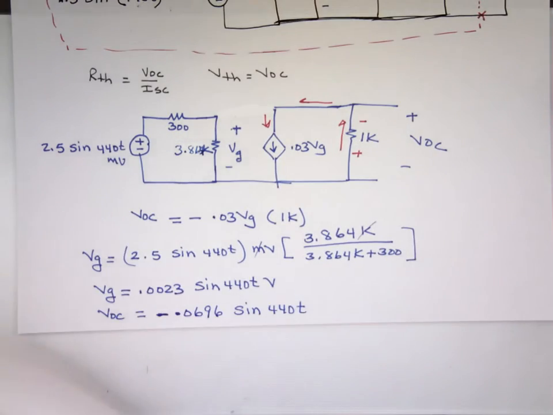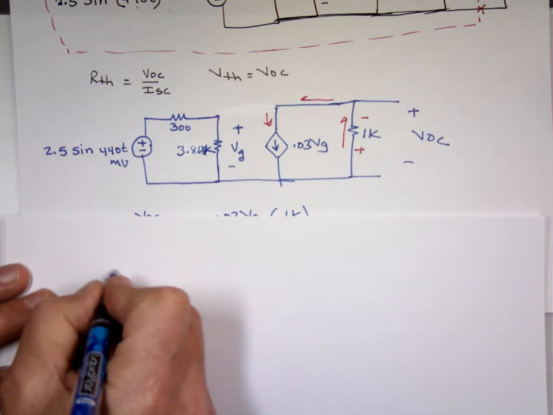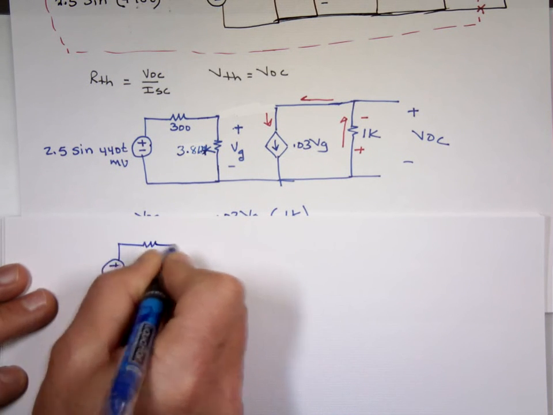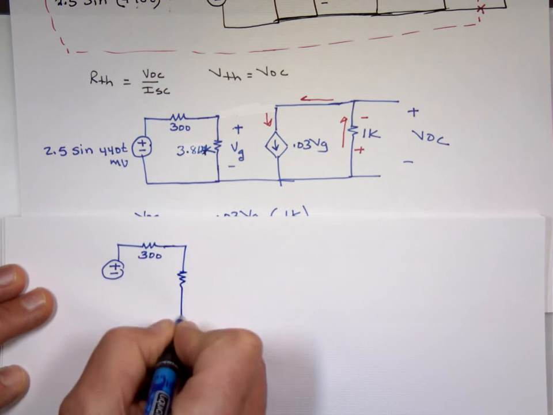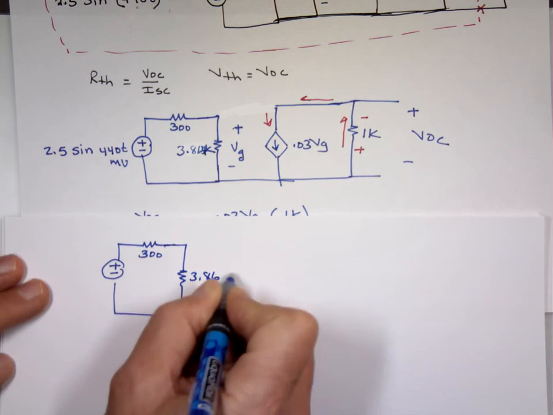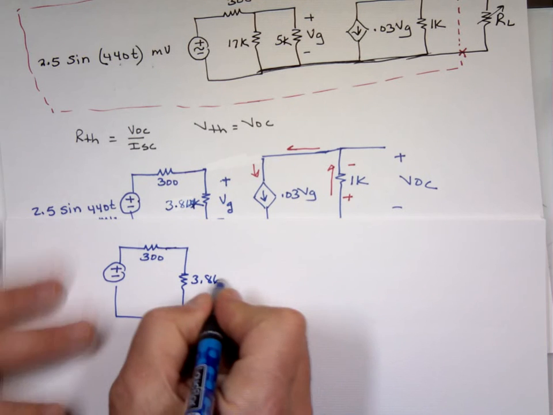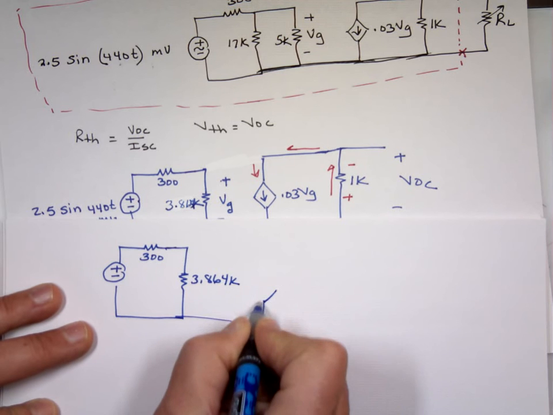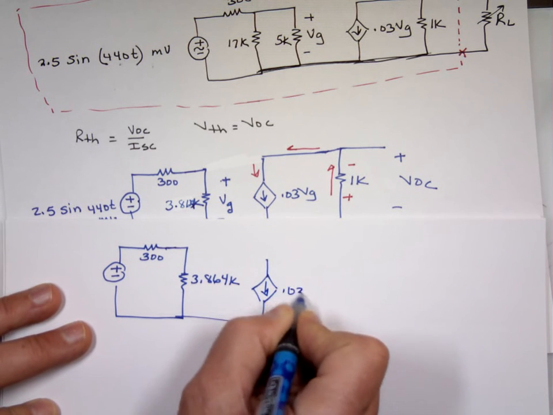Once you put a wire, what's going to happen to that resistor? 0.03 VG.